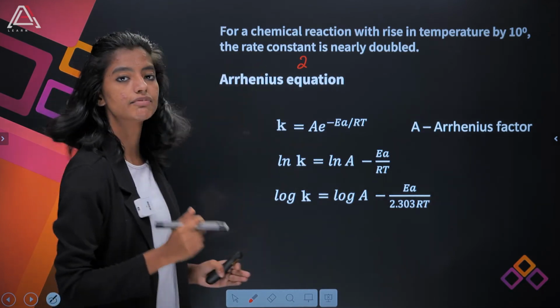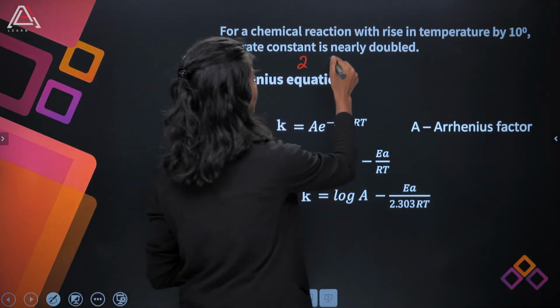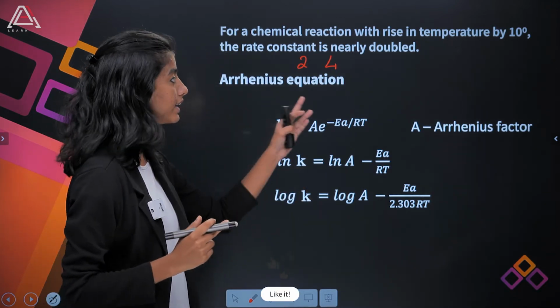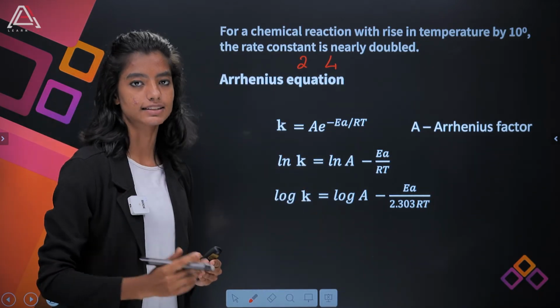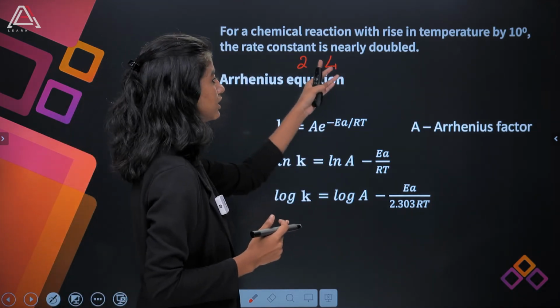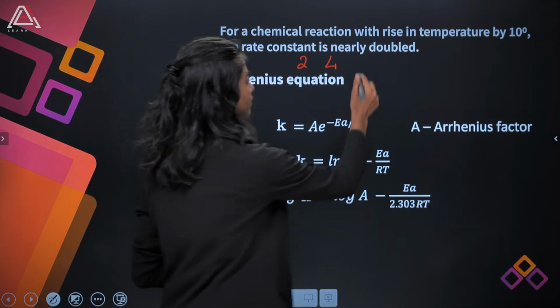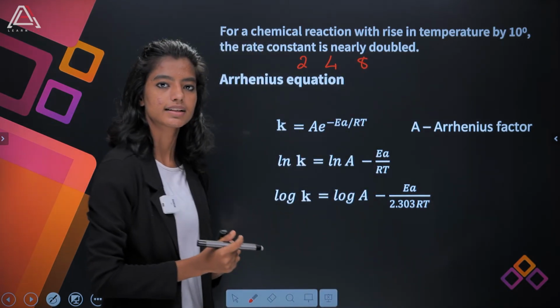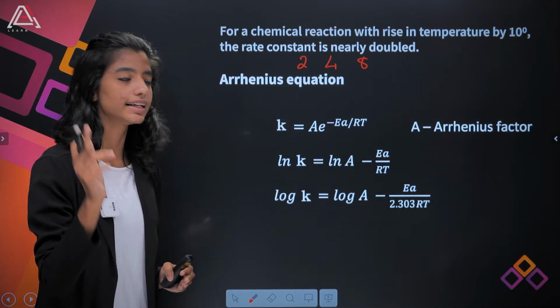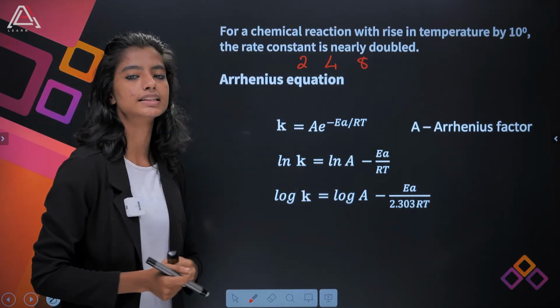So the rate constant will be doubled, right? Now the rate constant will be 4. Now again I am increasing the temperature by 10 degrees Celsius. Again this rate constant will double. So the rate constant was 4 over here. Again it will double and becomes 8. Clear?